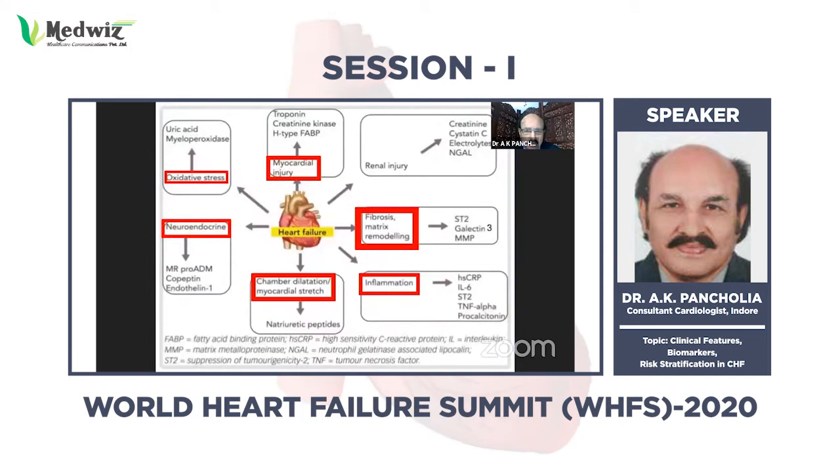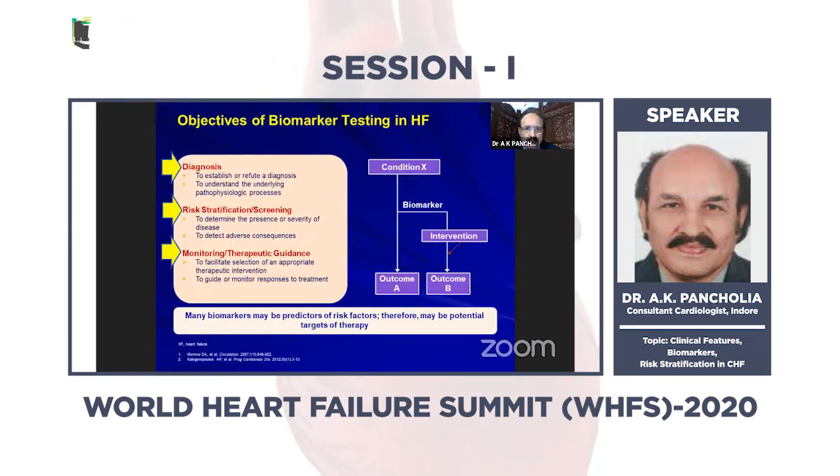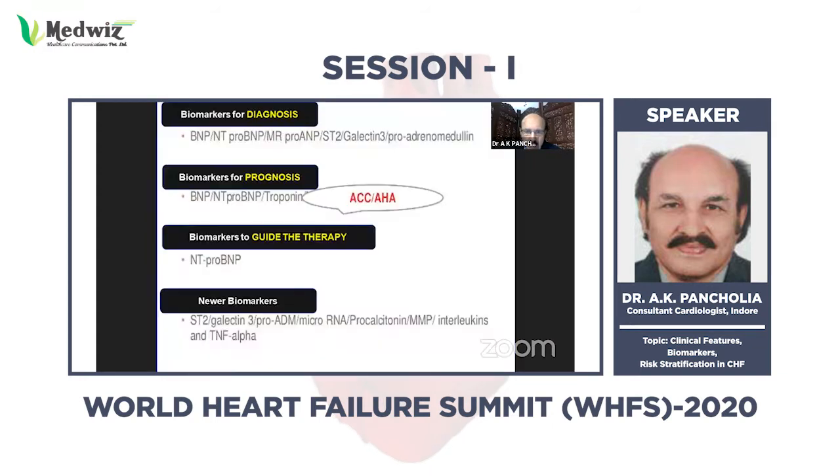And this is a huge list of biomarkers related to the various pathophysiological mechanisms of heart failure. The objectives of biomarker testing in heart failure are mainly diagnosis, risk stratification and screening, and monitoring and therapeutic guidance.